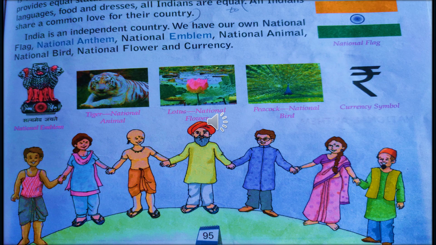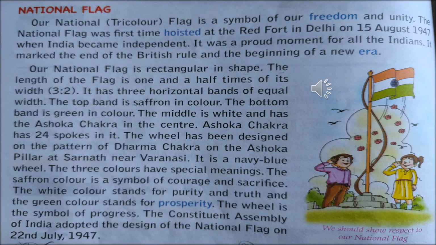If anybody sees those symbols, he or she can understand these symbols belong to India. These symbols belong to Hindustan. These are our symbols. These symbols represent us, our culture, our tradition, our thinking. Everything we are is reflected into our national symbols.